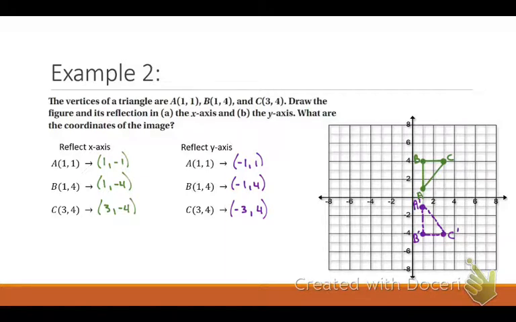Okay, and then label your points, A prime, B prime, and C prime. All right, does yours look like that? Yes. All right, okay, so we're getting the hang of reflections.